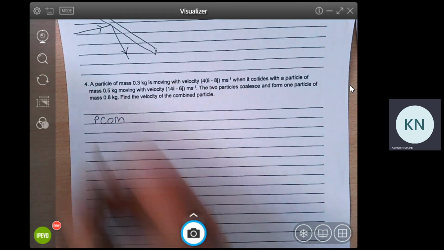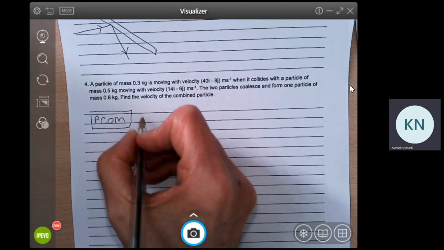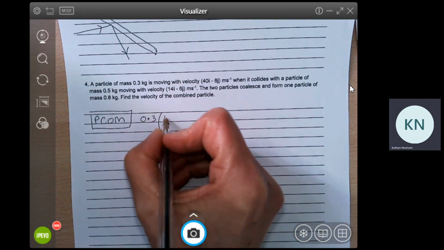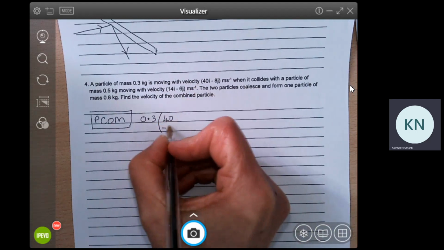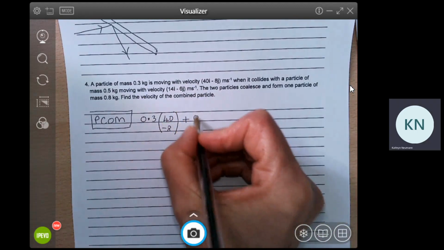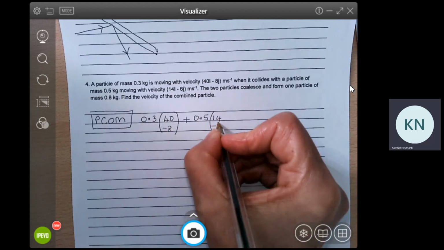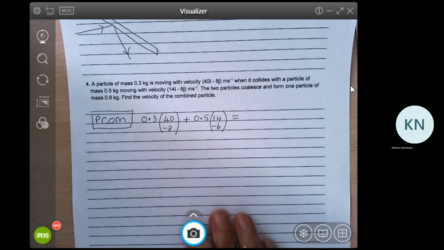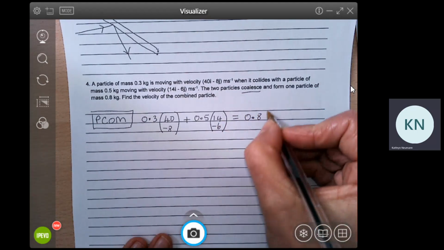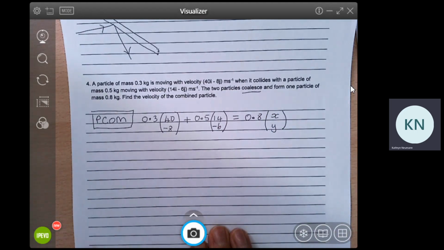We've got the momentum before, that's going to be 0.3 and then the velocity before is (40, -8) for the first particle. The second particle, 0.5 with a velocity of (14, -6). The particles coalesce, that means they join together, so that's going to be 0.8 mass, and (x, y) is what we're going to call the velocity afterwards.